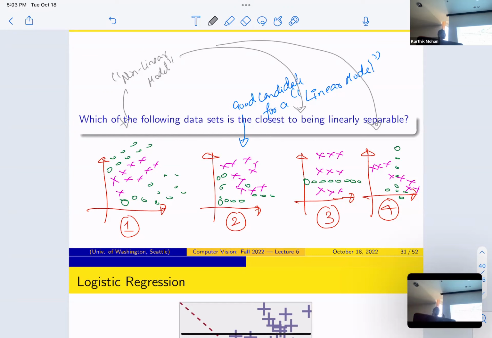So here you can visualize it. In your real data sets, you may not be able to see all these classes nicely separated or not separated. But there are tests that can tell you, or you can fit a linear model, get a bad error on your test set and say, oh, I think a linear model is not good enough. I need something nonlinear. A nonlinear model, for instance, here might look something like this.